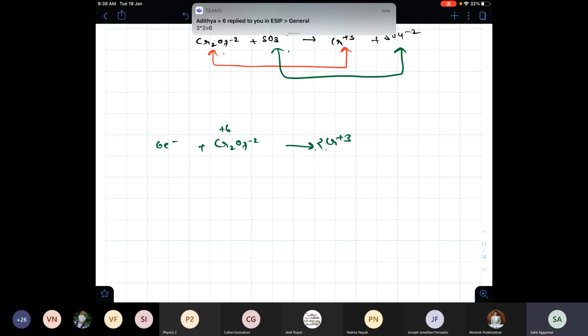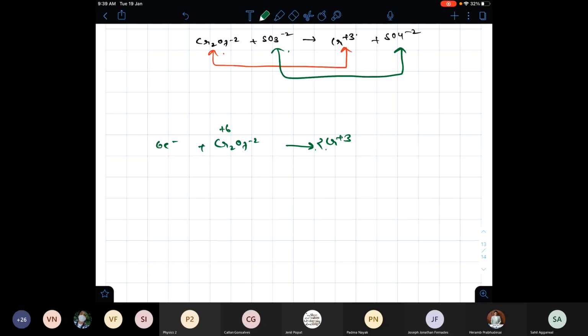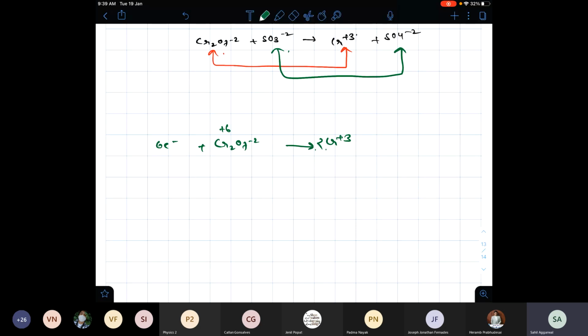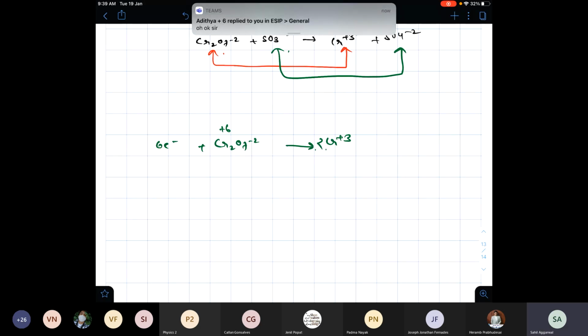How much charge do we have on the left hand side? One atom has plus 6 charge. X is coming out to be plus 6. For 2 atoms it will be plus 12.